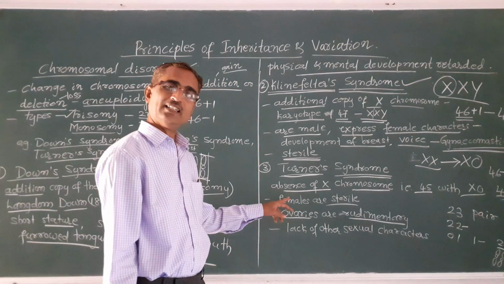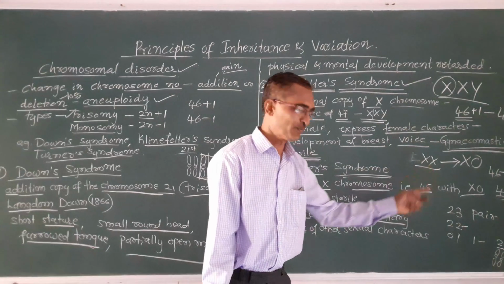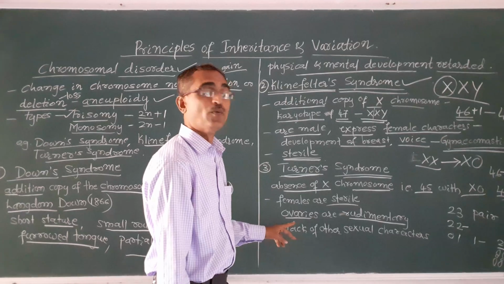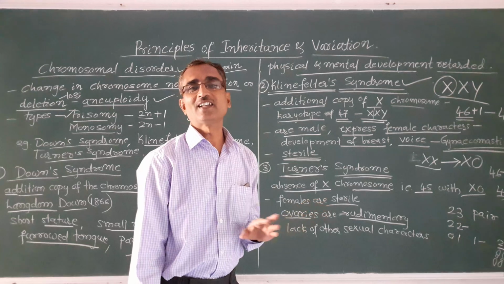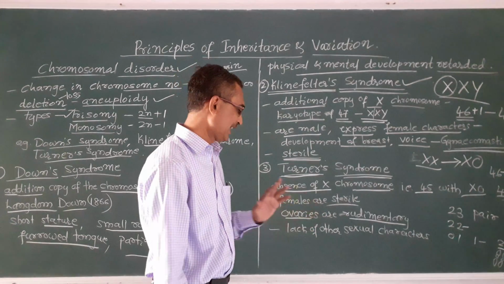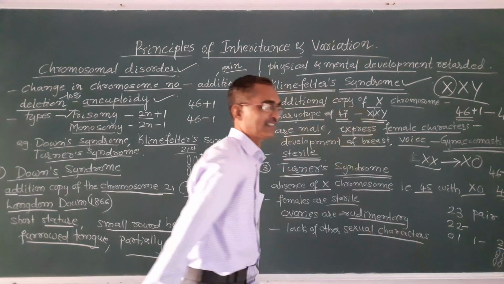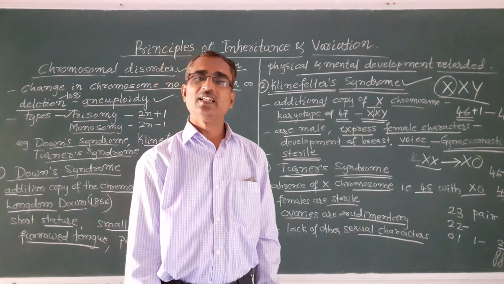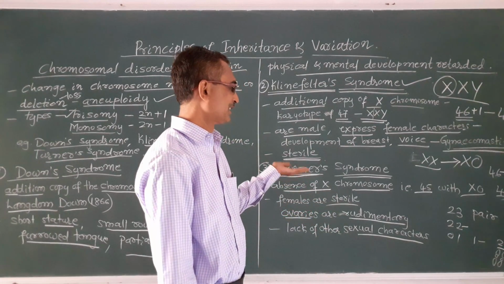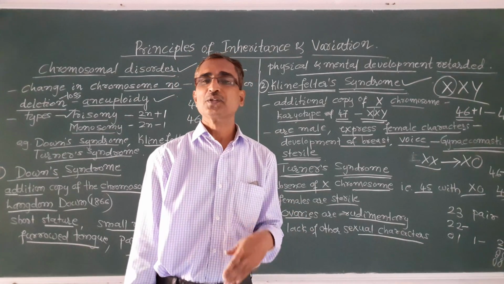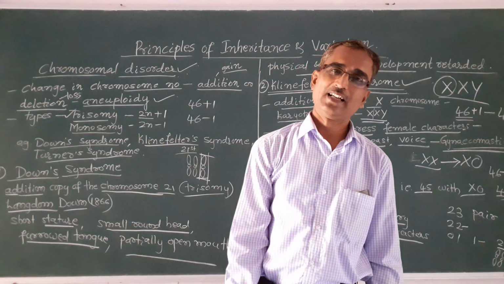But in females having one less X chromosome, the ovaries are rudimentary; they are not completely developed and are non-functional. They won't produce the egg, and there is lack of other sexual characters in Turner's syndrome individuals. So these are the different types of chromosomal disorders.